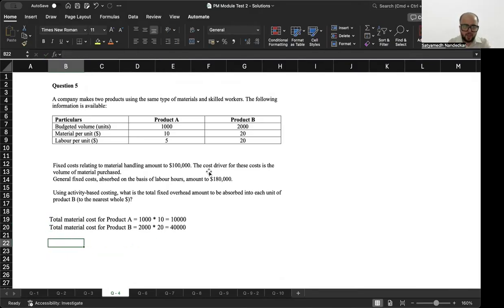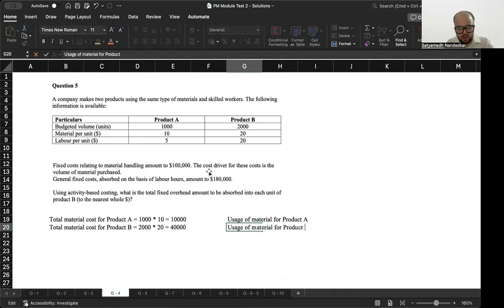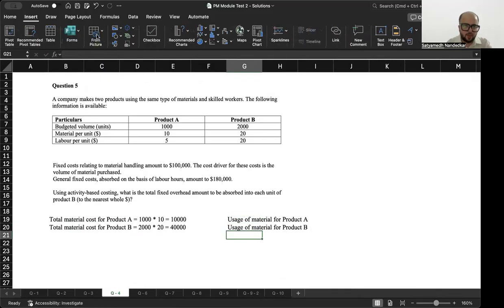So the total material cost is, in terms of the material usage, usage of material for product A is 10,000 rupees. Usage of material for product B is 20,000.